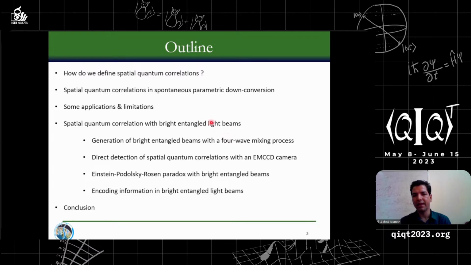I will talk about how we generate those beams, how we study the spatial quantum correlations in those beams, and finally how we can do fundamental science as well as technological applications with those beams.